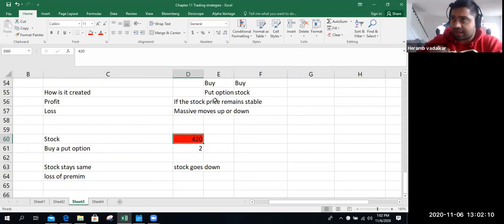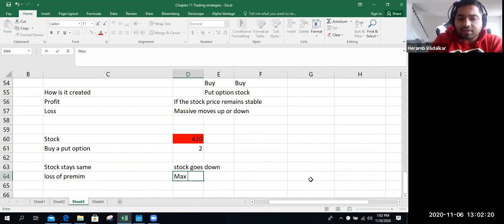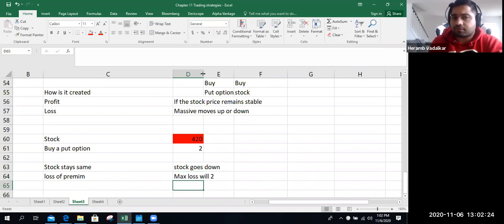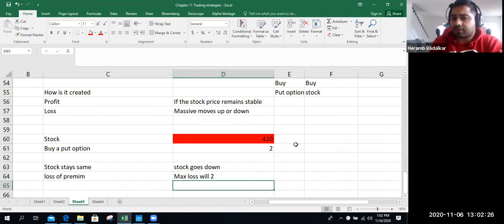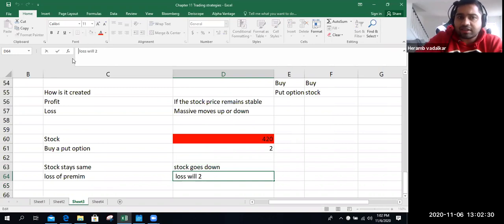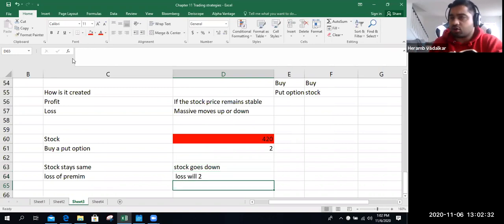My Tesla goes down, I'll suffer losses there, right? But this put that I have bought will start making me money. So effectively, my max loss will be $2. I am capping my loss at $2. I cannot lose more than $2. $2 is the premium that I paid to create this position.